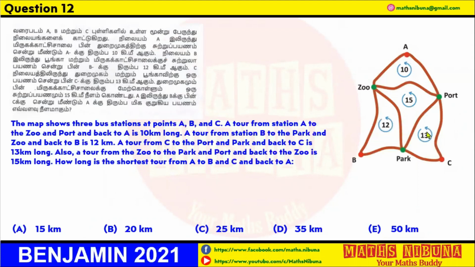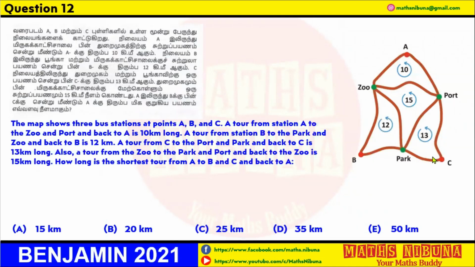Okay, the map shows 3 stations at points A, B, and C. A tour from station A to zoo to port and back to zoo is 10 kilometers. And a tour from B to the park and zoo, sorry, this is 12 kilometers.